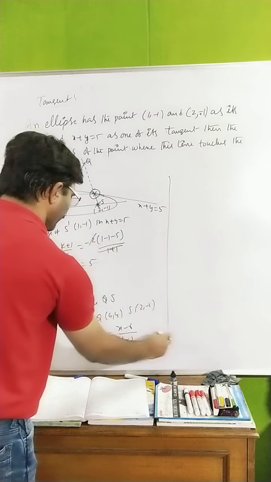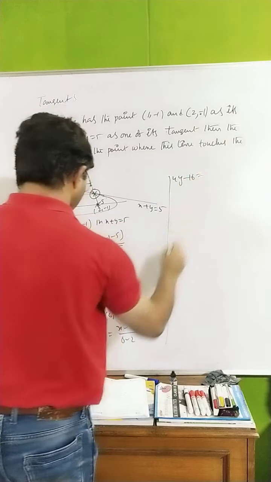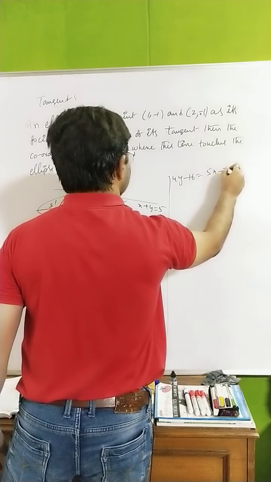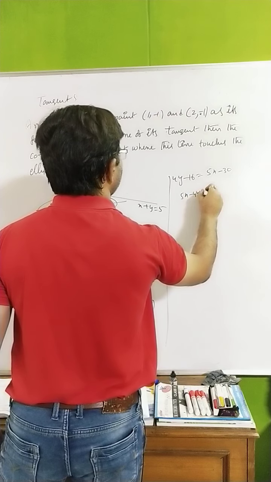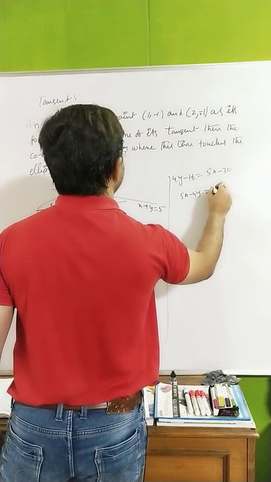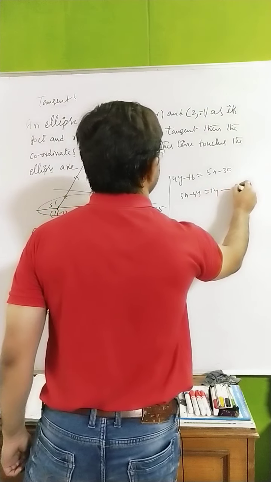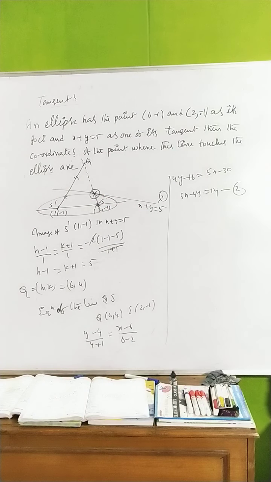So we are going to get 4y minus 16 is equal to 5x minus 30. So 5x minus 4y is equal to 14. This is equation 2, and the given equation is equation 1.